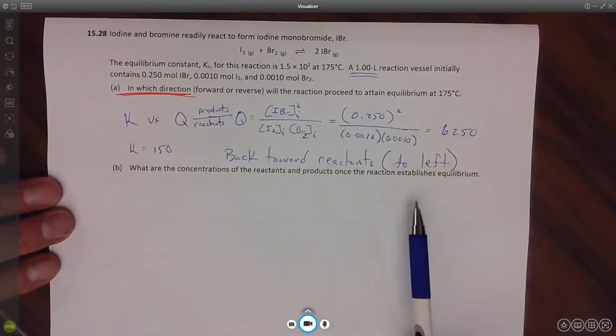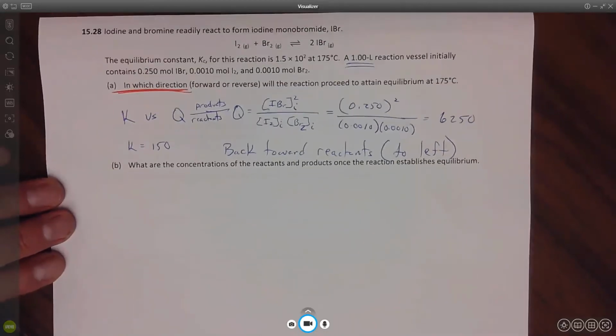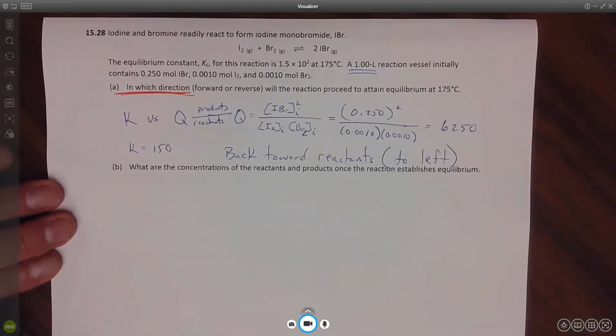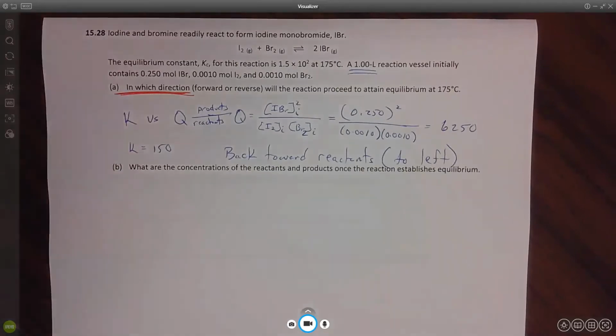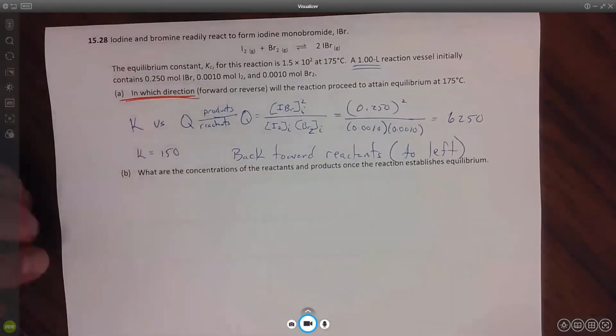We always find equilibrium concentrations in the same way. We've already found equilibrium concentrations twice today. How did we do it? Yeah, we're going to have to set up an ICE table. So anytime we're trying to find equilibrium concentrations, we're going to need the ICE table.